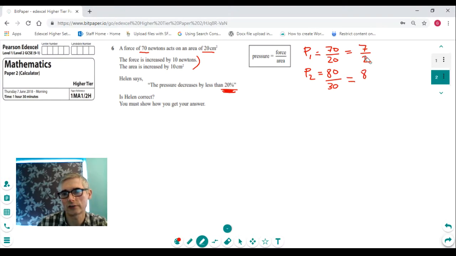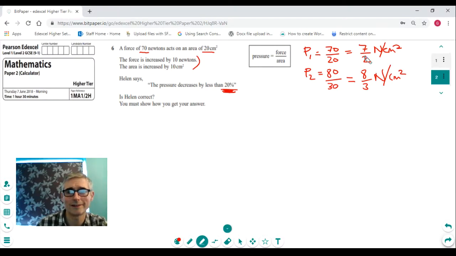So that gives us, as a fraction, 8 over 3. And if we wanted units for these, what we'd find is this is pressure measured in newtons per centimetre squared, and this is also newtons per centimetre squared.